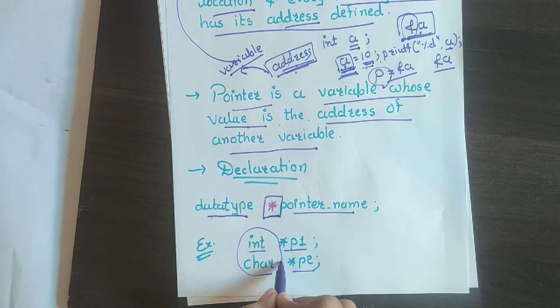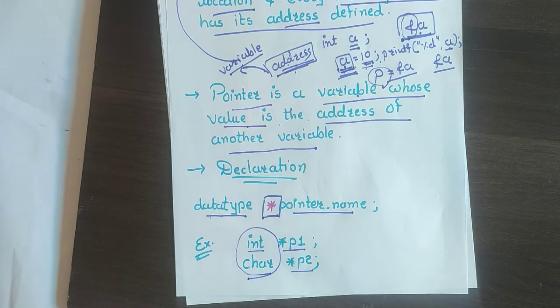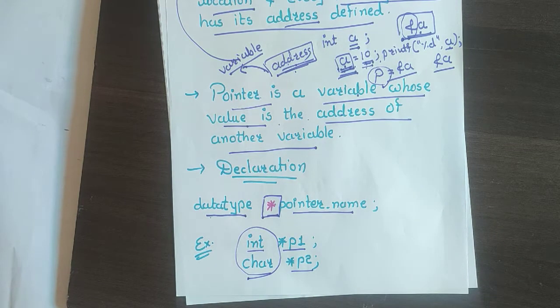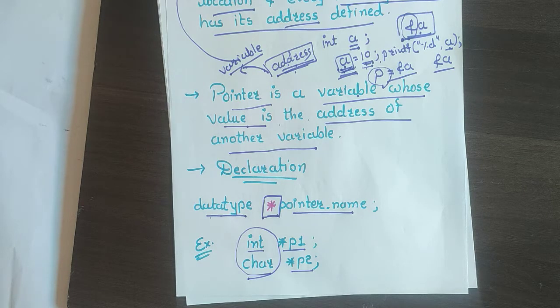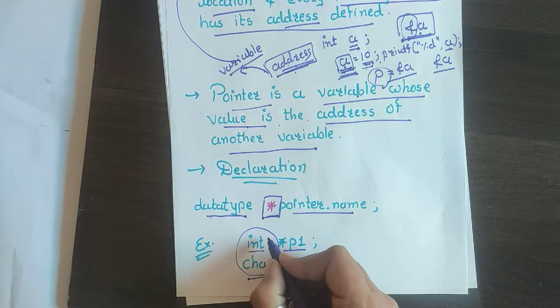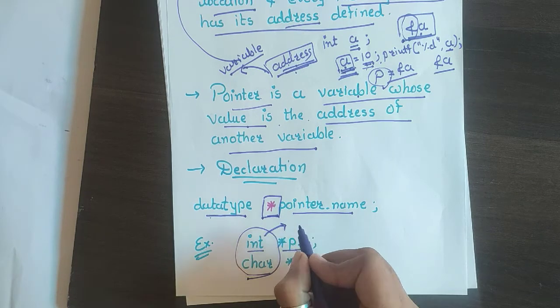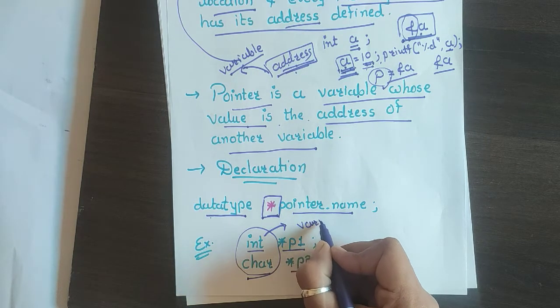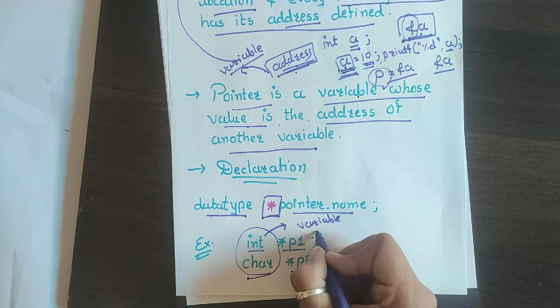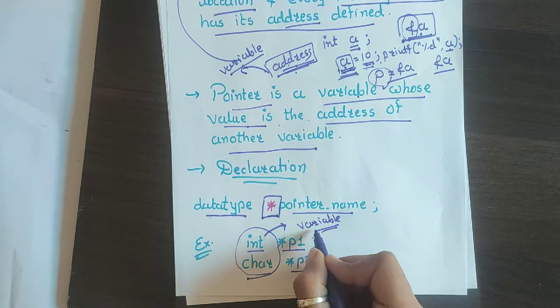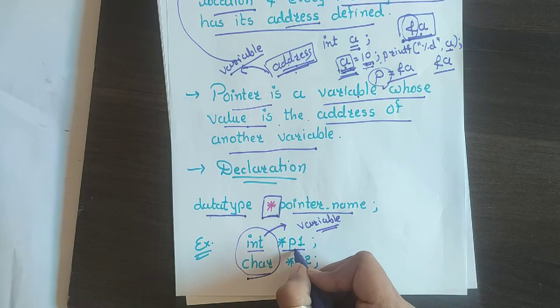Now what will this data type be? You might be confused that it is an address only, and an address is itself numeric data. But how can I decide whether it is an integer or character? This data type depends on the variable's data type, the variable whose address we are going to store here.